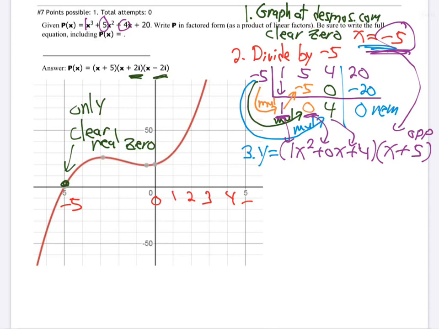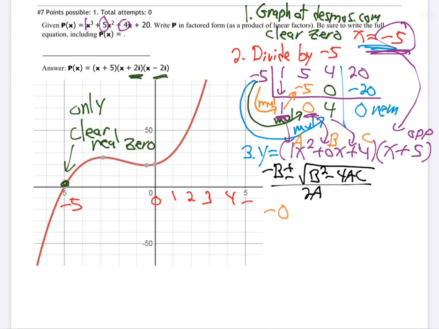As you know, quadratic formula, -b plus or minus square root b squared minus 4ac all over 2a. So let's identify our a and our b and our c. So this is a. This is b, this is c.